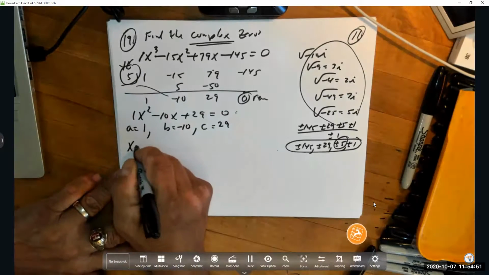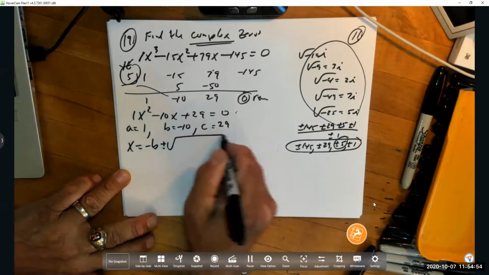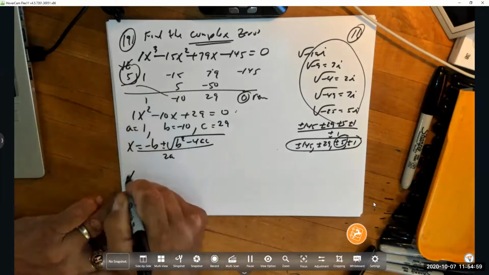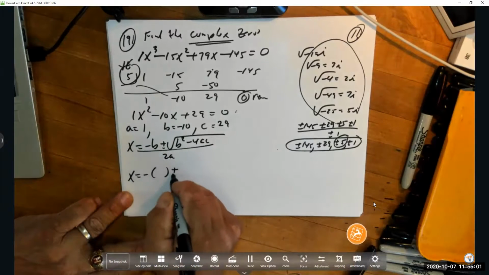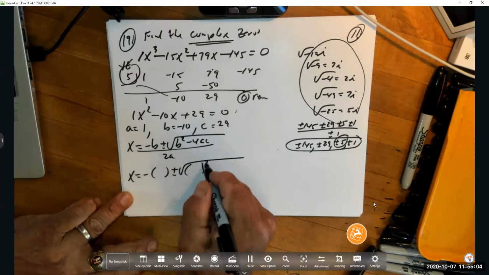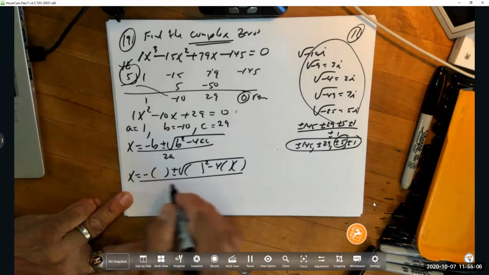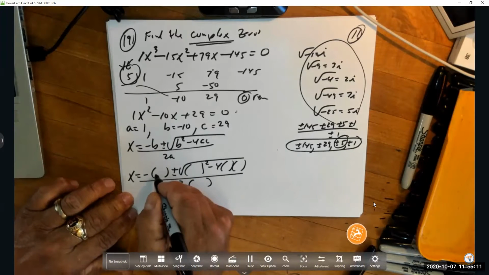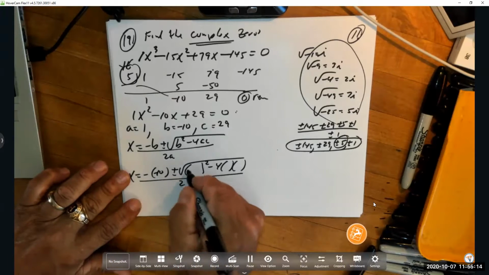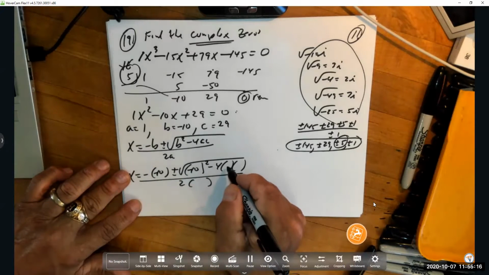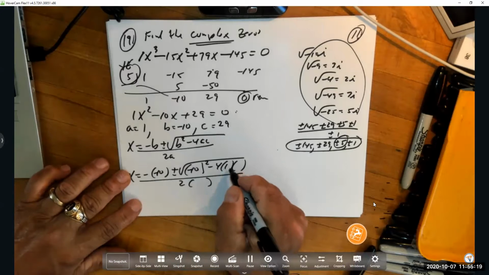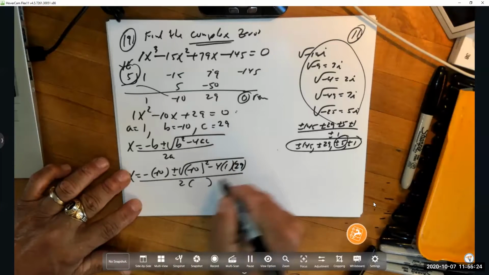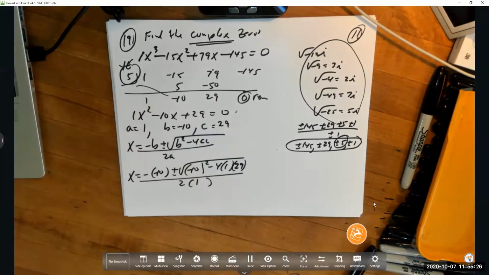All right, so I'm going to put it in the formula. All right, there we are. Negative of B, and I'll do this in a little bit. All right, what is letter B? Negative 10. What is letter A? 1. And C? 29.